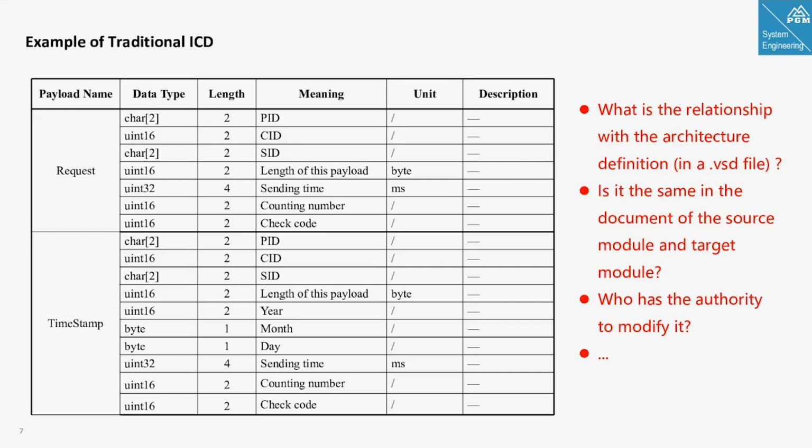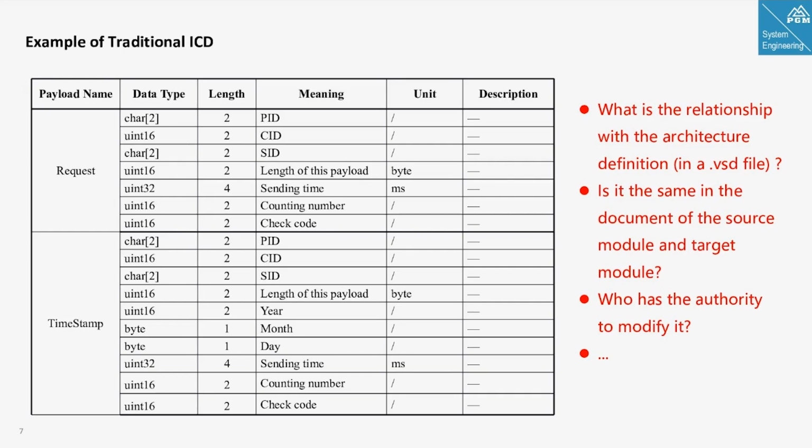For this typical table, we usually have a lot of questions. For example, what is the relationship between this ICD table and the architectural definition diagram, which is usually defined in a VSD file or even in a PowerPoint slide? There is no connection.